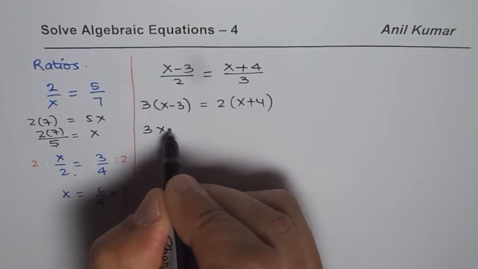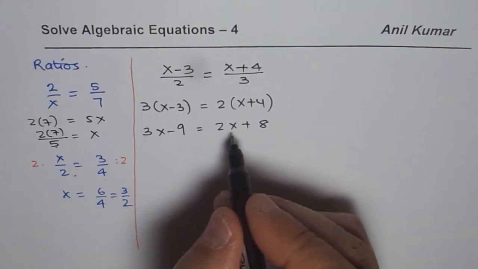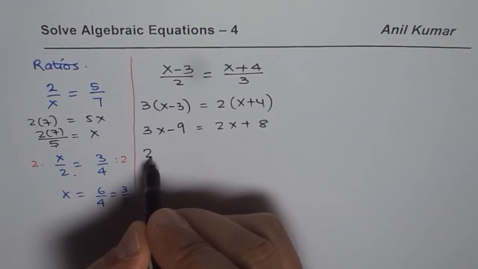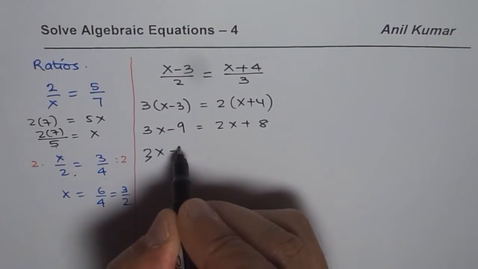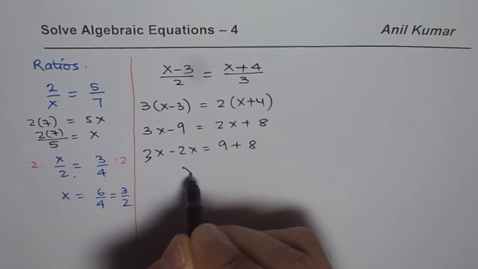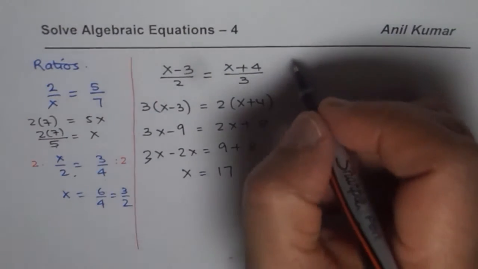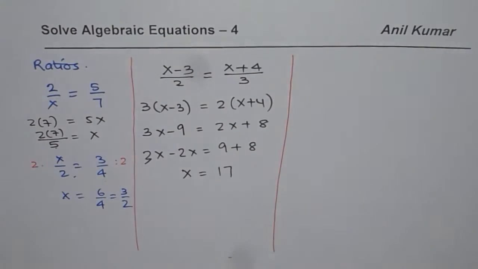So we get 3x minus 9 equals 2x plus 8. Bring the variables together, which is 3x minus 2x, and the constants to the other side, 9 plus 8, and we get x equals 17. So that is how you should solve when you have ratios in this particular case.